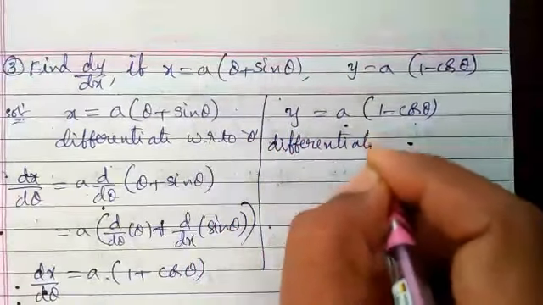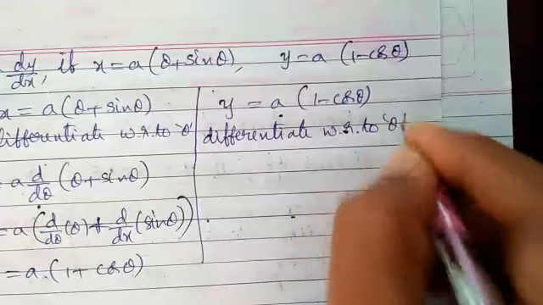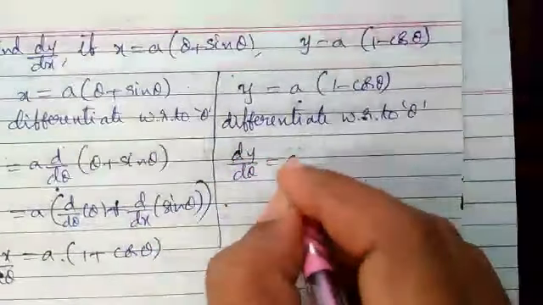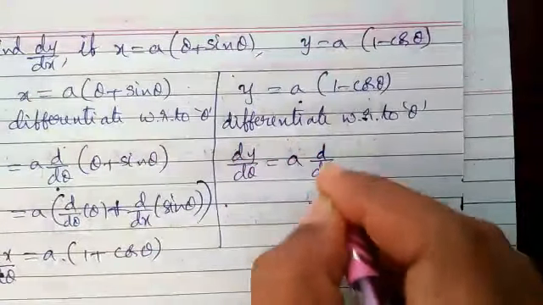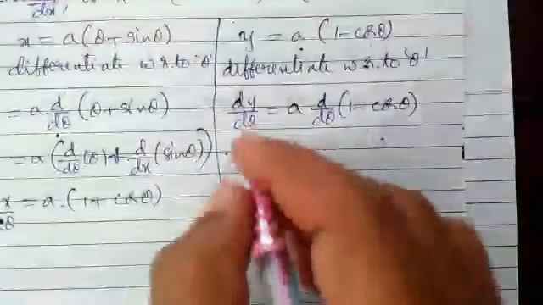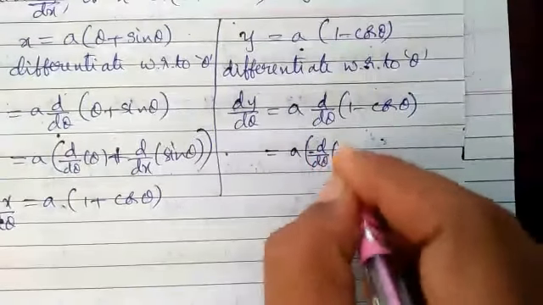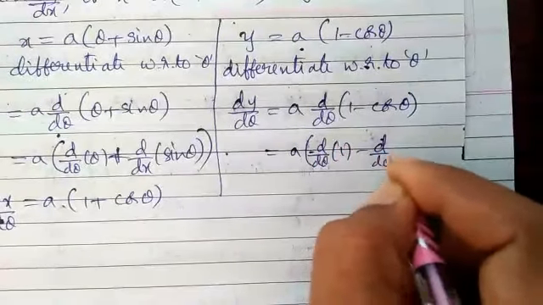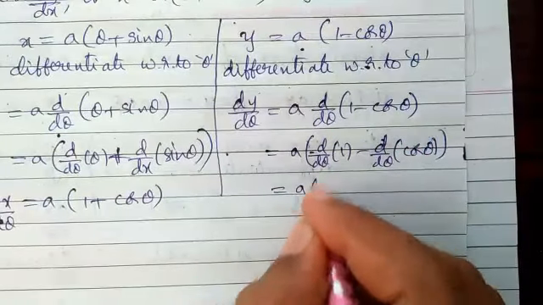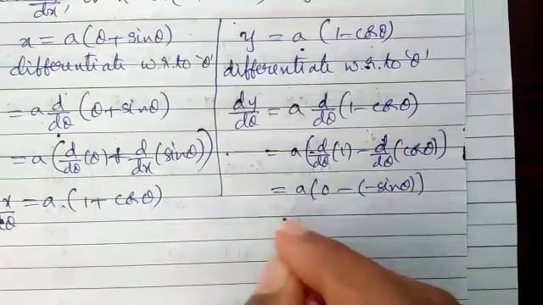Differentiate with respect to theta. dy by d theta is equal to a into d by d theta of 1 minus d by d theta of cos theta, which is a into 0 minus of minus sin theta.